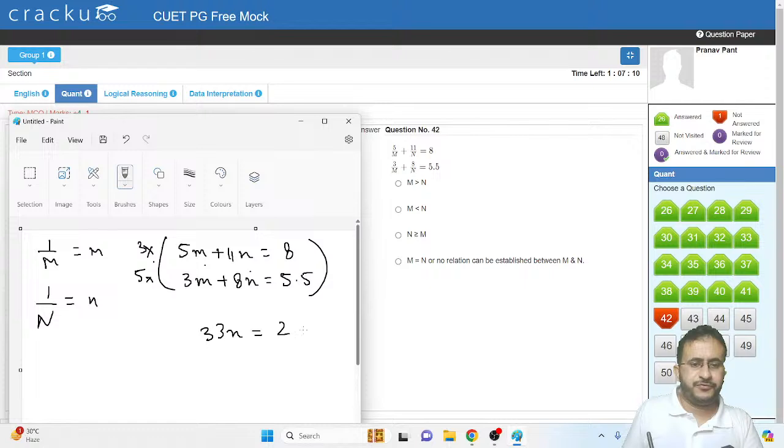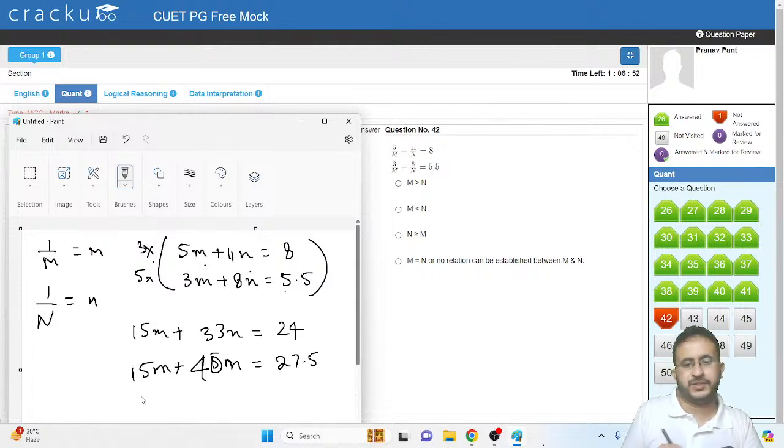that is 24. And if we take this is 15m plus 40n. 40n is 5 times, which is 27.5. Okay, 15m भी लिख देते हैं so that it is easy for you to understand. So when we subtract, okay, so this gets cancelled.